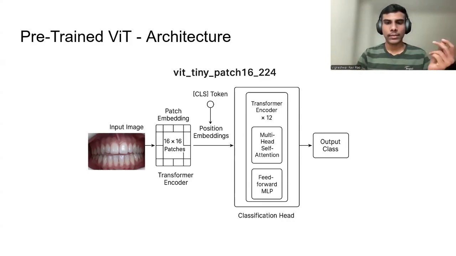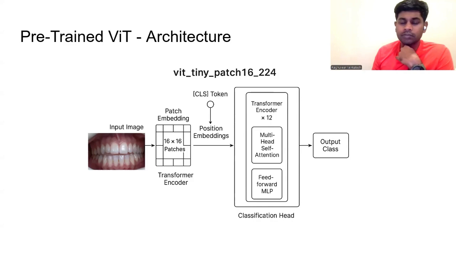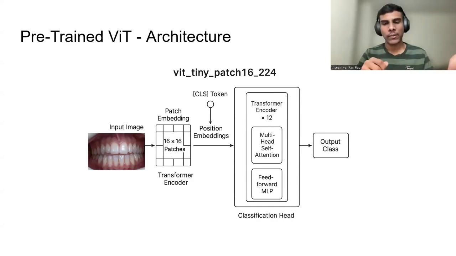And then the classification head consists of 12 transformer encoder blocks stacked one on the other. And then finally, it learns to detect the output class, which is one of the 7 different classes I mentioned while explaining the dataset.